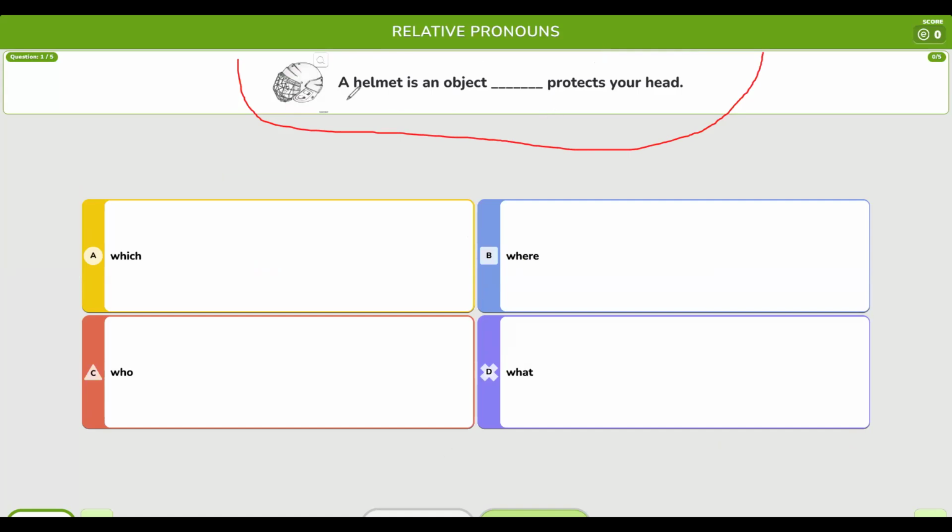So we observe the words and what connection is missing. The relative pronoun. It is where, which, who, or what. Which one? Here we go.